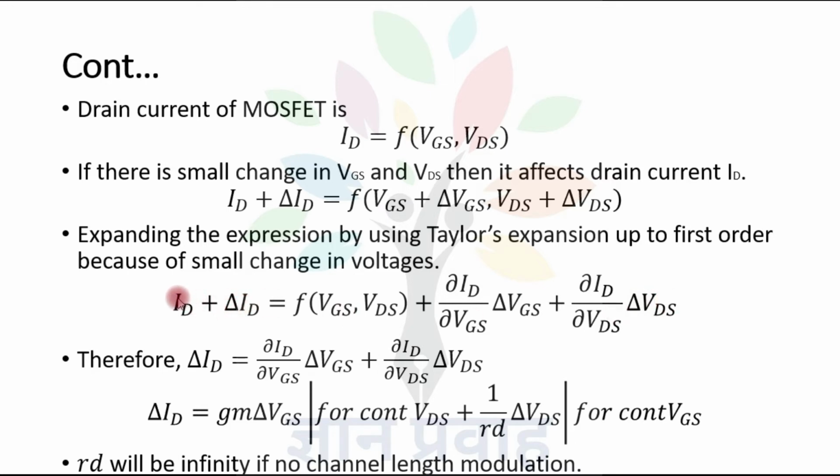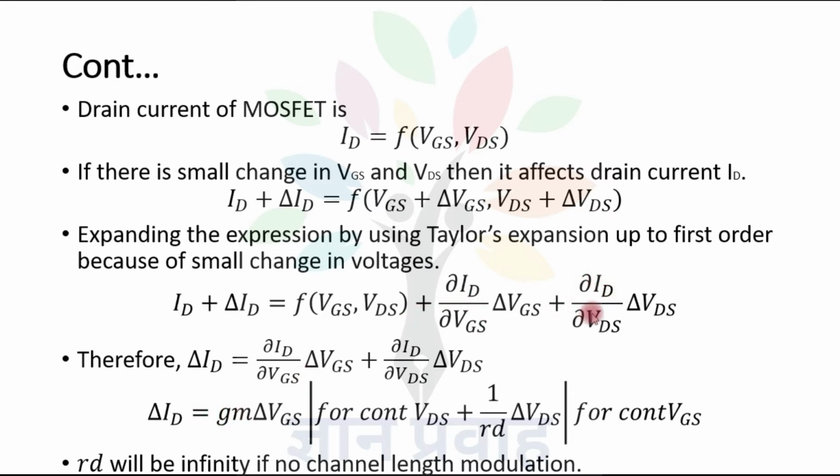Therefore, ID is the DC drain current, and delta ID is the small change in drain current because of the AC input signal, equal to f of VGS, VDS. VGS and VDS are DC voltages. Delta ID upon delta VGS for constant VDS, times the small change in VGS. Delta ID upon delta VGS is nothing but the transconductance, or gm.